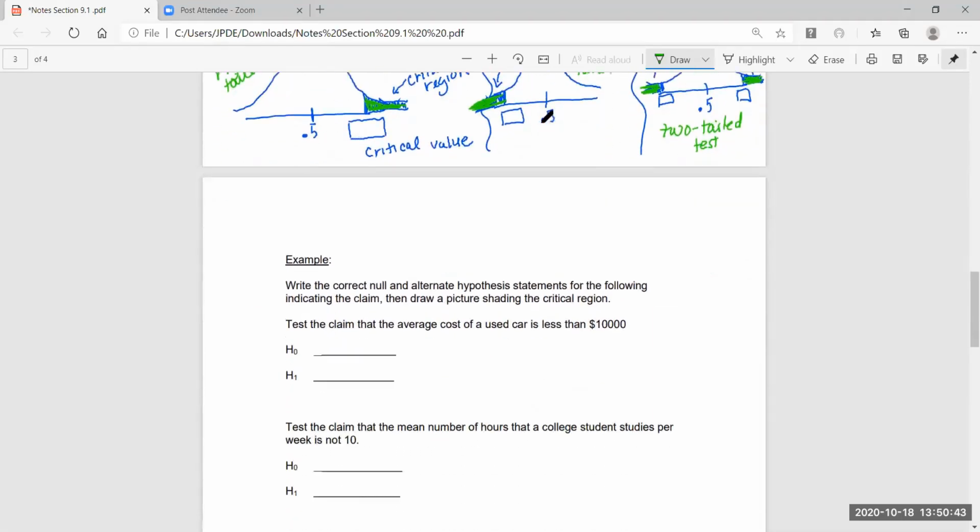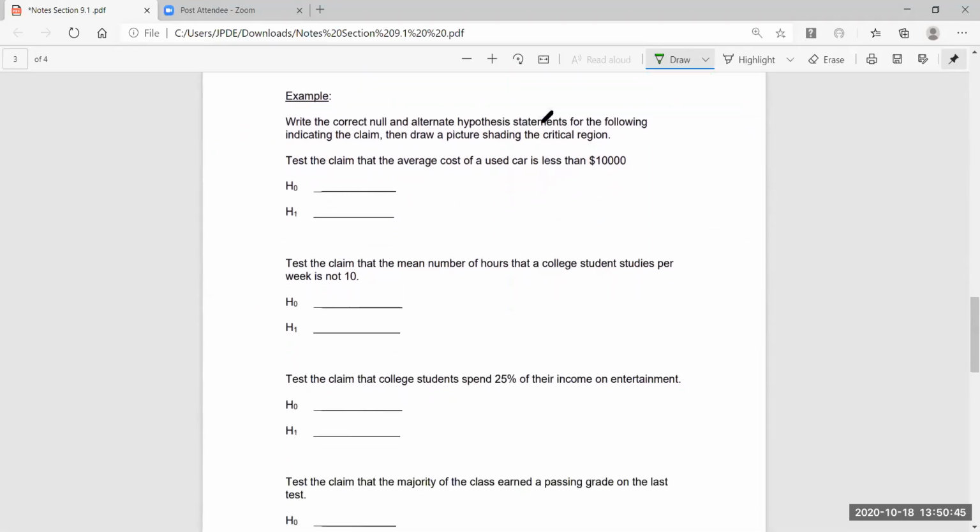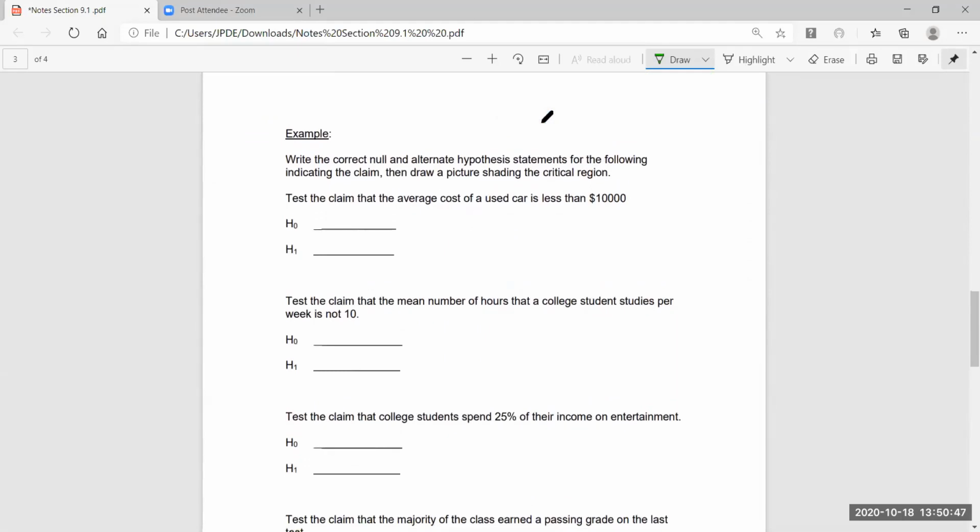All right, so we're going to move to some examples. And right now, if you're feeling like I've given you a lot of information, that would be a normal feeling. I would expect you right now to be like, okay, I'm not quite sure where she's going with this. Again, our goal is to be able to write the correct null and alternative hypothesis statements.